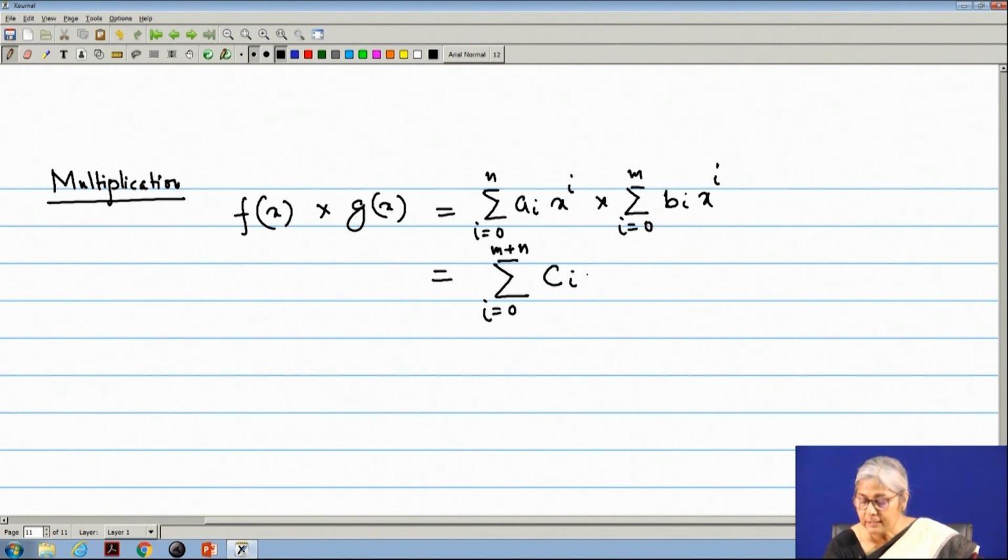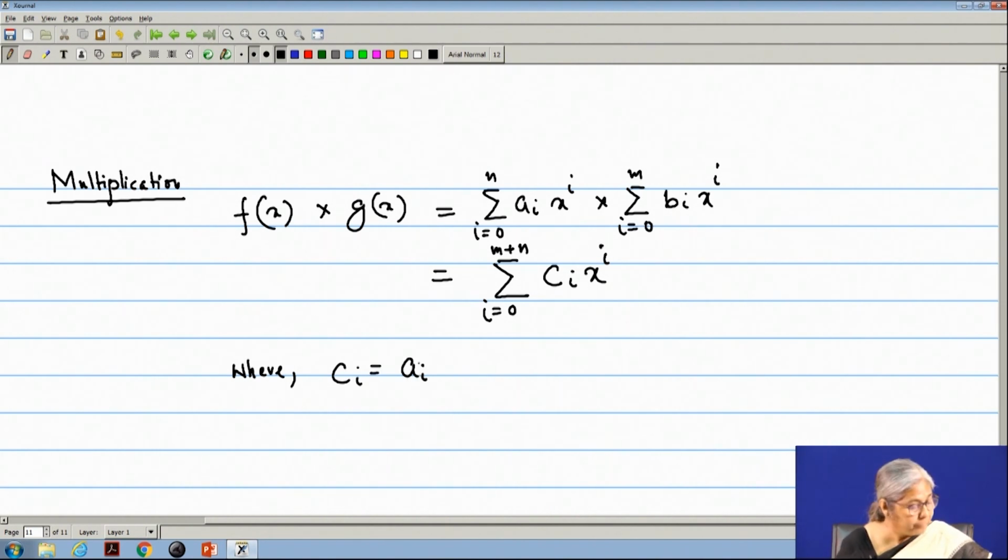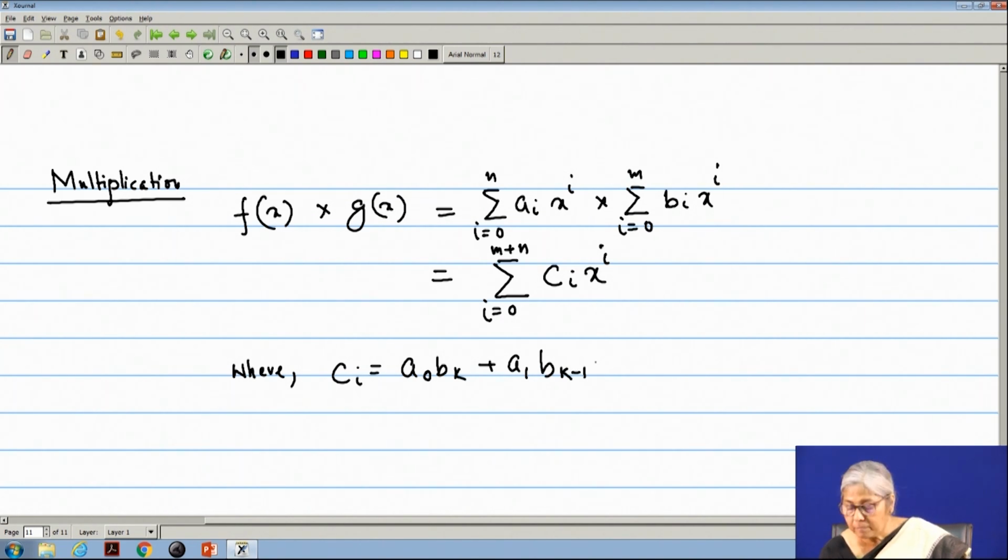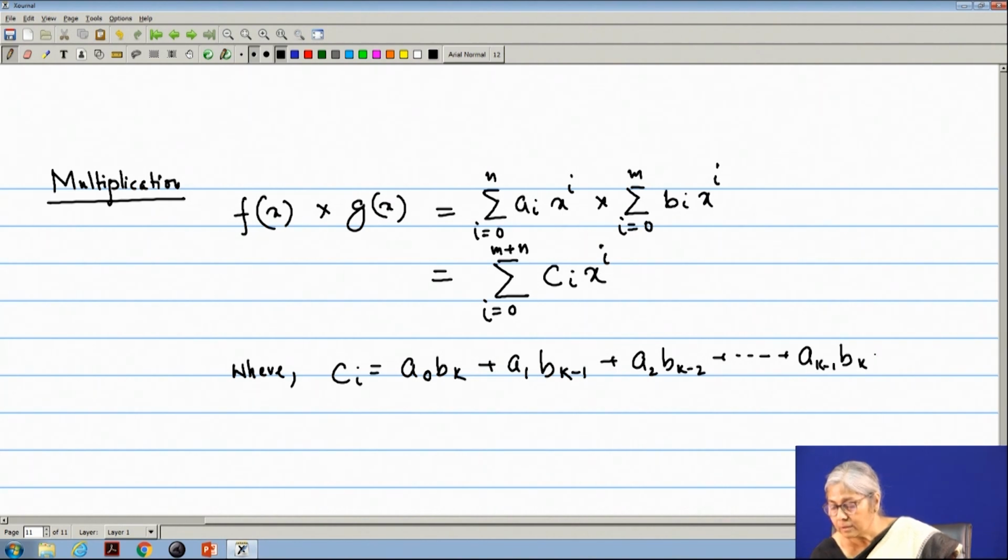I write c_k x to the power k, where c_k is, if I write all the terms, a_0 b_k plus a_1 b_(k minus 1) plus a_2 b_(k minus 2) plus up to a_(k minus 1) b_1 plus a_k b_0.